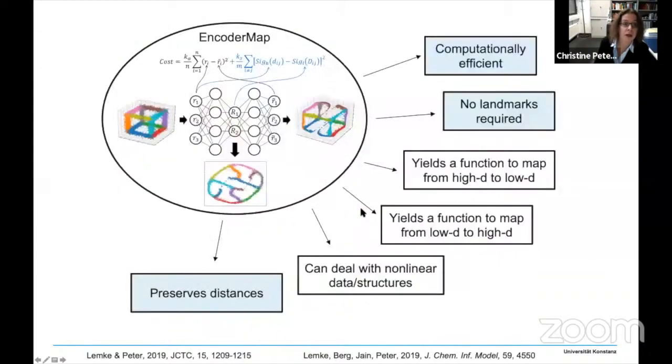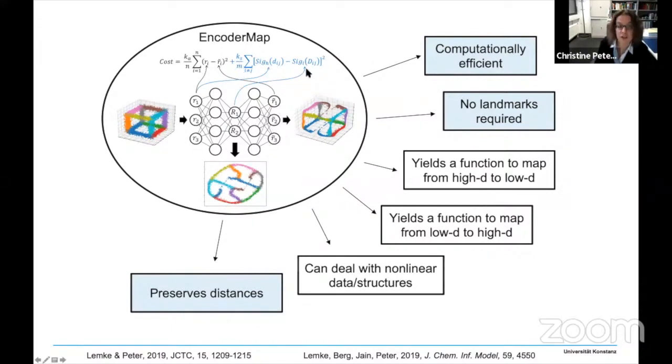And only briefly, the key idea behind EncoderMap is that we have a neural network autoencoder that goes through a latent space where the low-dimensional map is generated. We have the typical autoencoder cost function, which compares the input data set to the output data set in terms of making it as similar as possible.